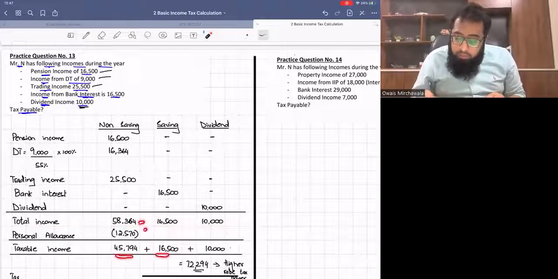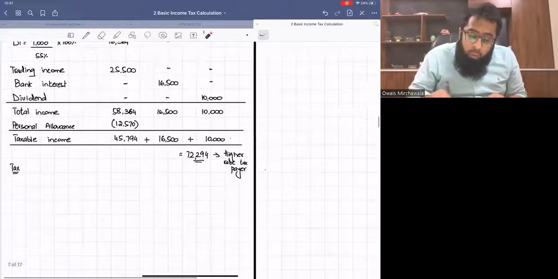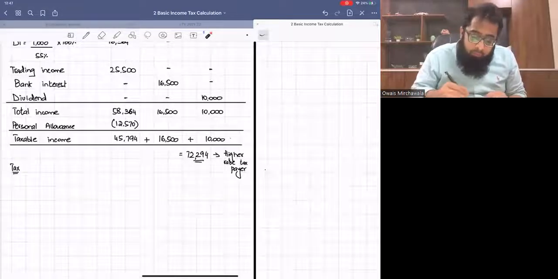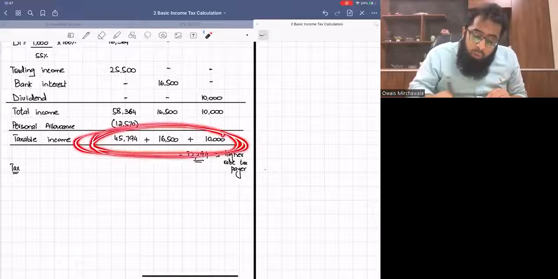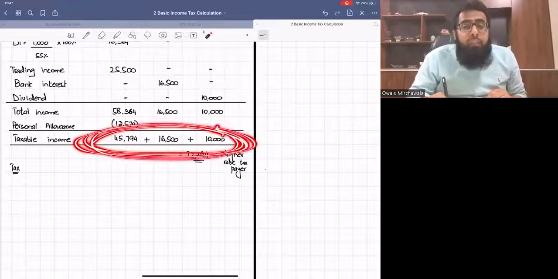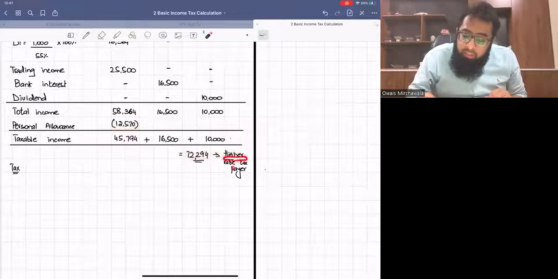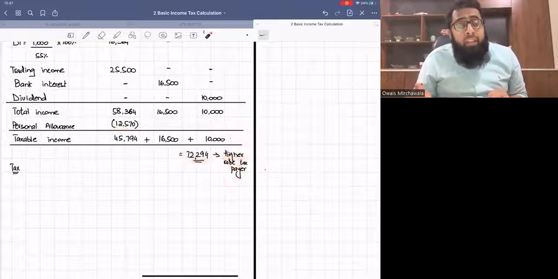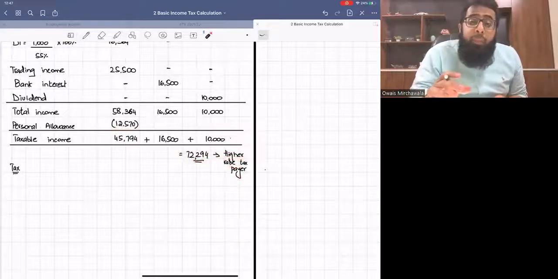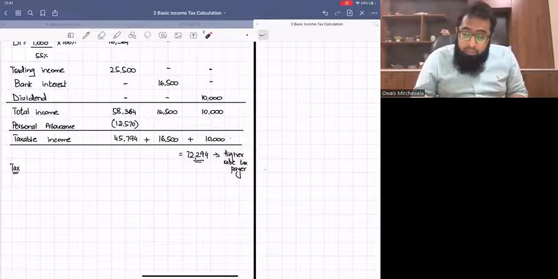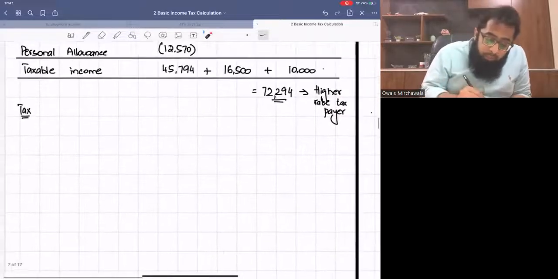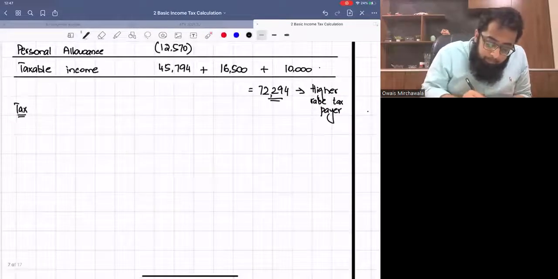The personal allowance was deducted to arrive at taxable income. We added up all the taxable incomes to determine whether we are a basic rate taxpayer or higher rate taxpayer. This concept is used for the 0% band of saving income. Now, the tax will be applied in the normal manner.